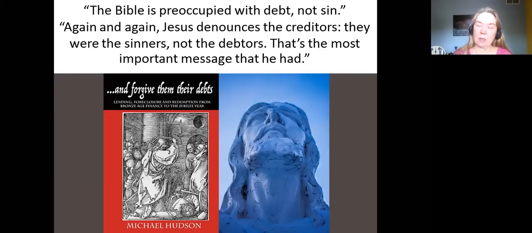It was not common to wipe out the debts of the wealthy, because that would allow them to keep the inequality with the poor or those that didn't have as much wealth, and it would not allow for an equal sharing of the resources, namely land. Fascinating read. I've only started this book, but I recommend it for those of you who really want to read a little bit more technical stuff.